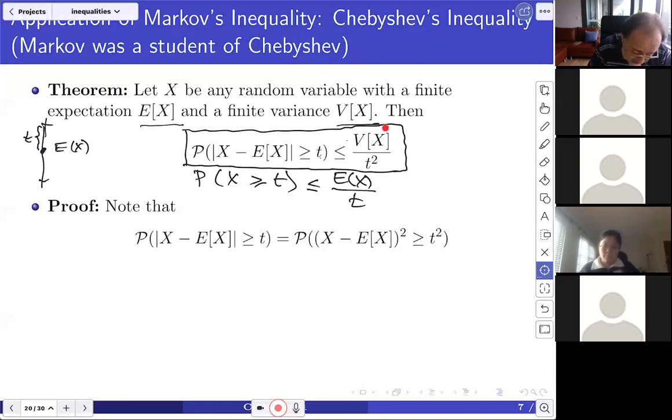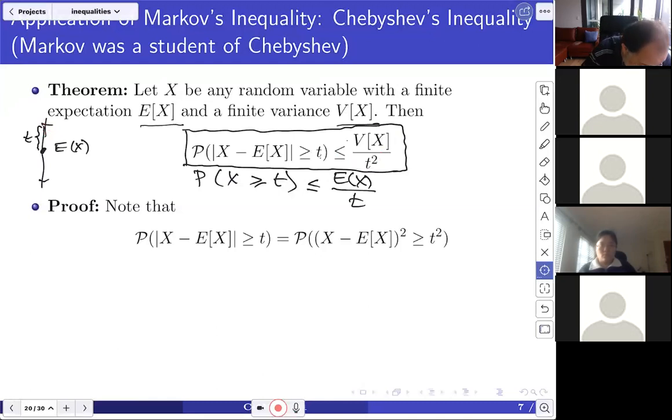So the larger the variance, of course, the more the values will be spread around the expected value, and the larger the bound, of course. If you are asking for significant deviations from the expected value, the probability will rapidly decrease.